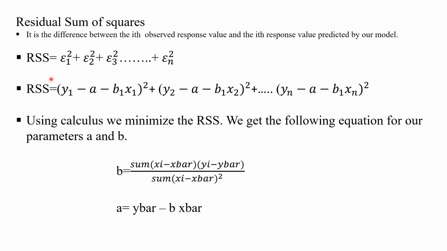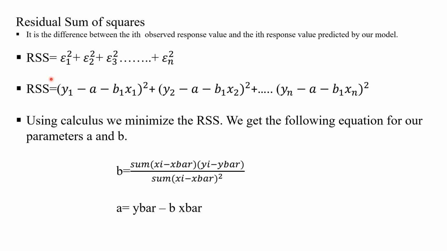Now remember, why is there a need for the square in this? Why can't we just take an addition of all our error terms? There is a possibility that these error terms may cancel each other out. Sometimes error terms lie above the line and sometimes they lie below the line.